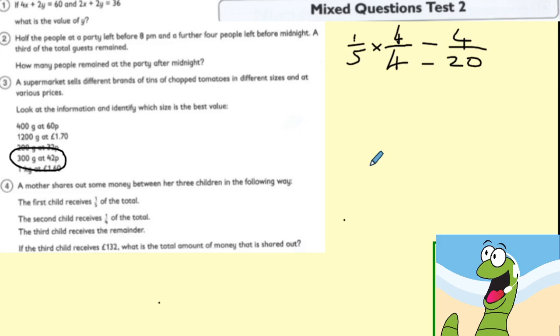So 1/4 plus 5/5. The first 2 children get, so and then we're going to have 1/4 and we are going to multiply that by 5/5, and that equals 5/20.